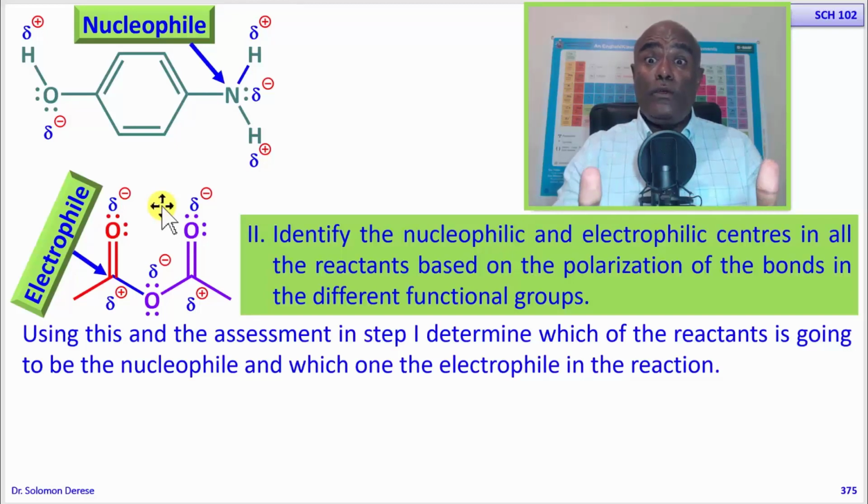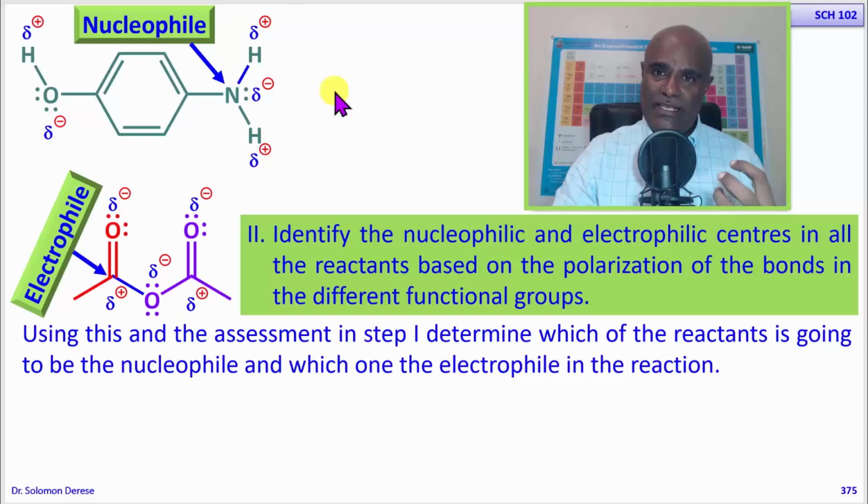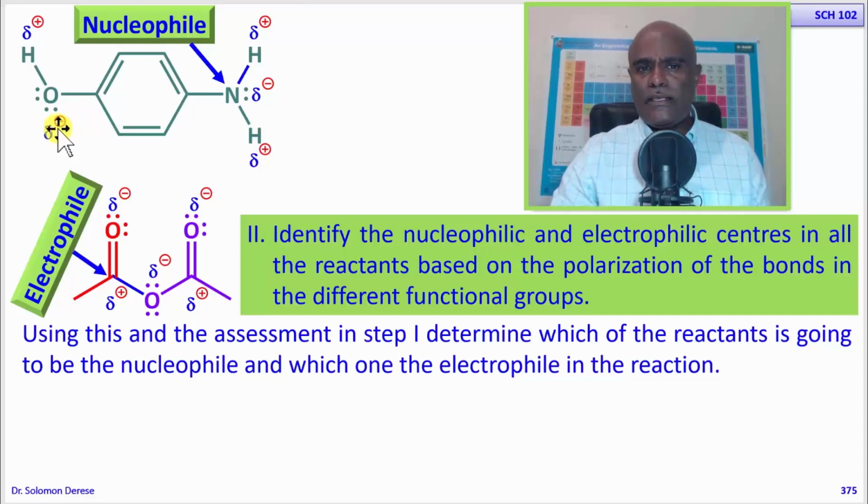So even when you don't know what the product of a reaction is, understanding how bonds are polarized and comparing the nucleophilicities and electrophilicities of different polarized bonds, you can easily predict what kind of bond is going to be formed. So let's look at this one.